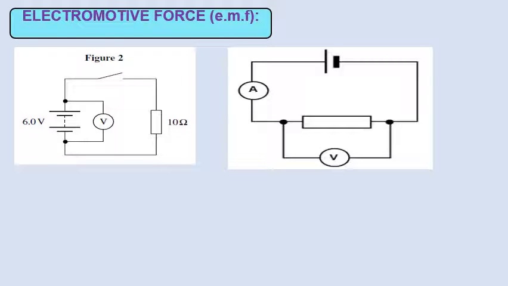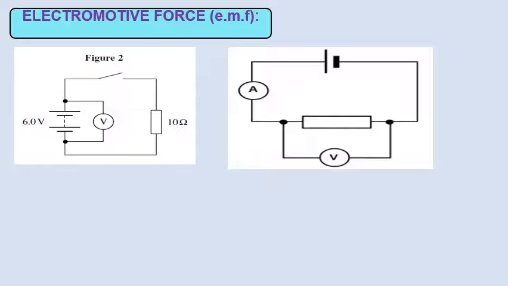Pay attention. Look at the two figures in front of you. Here I have two cases. The first one, I connect the voltmeter with the two terminals of a conductor in parallel connection. Here I will measure the potential difference of the conductor. In figure 2, pay attention.